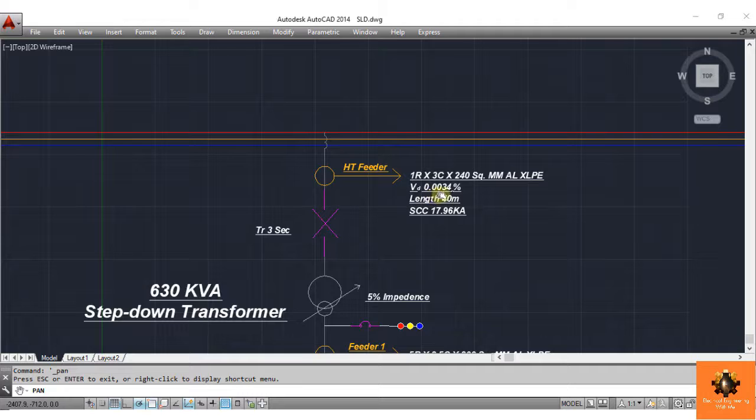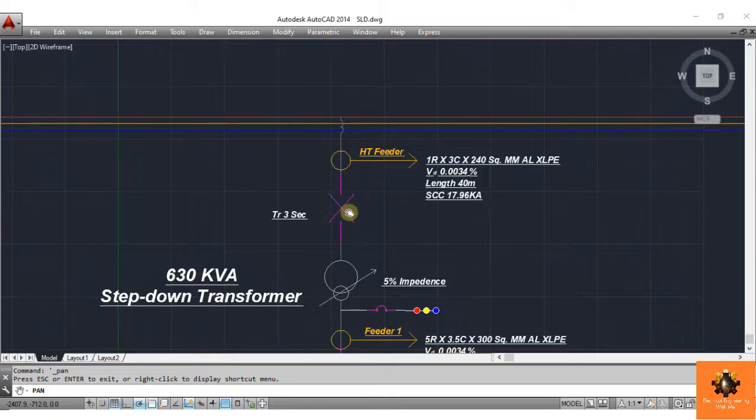VD is the voltage drop for this cable from this point to this point, and this voltage drop is calculated as 0.0034% for the cable length of 40 meter. From this point to this point, this cable is of 40 meter length, and the voltage drop is calculated as 0.0034%. Okay. Again we have the circuit breaker, and this circuit breaker is a high voltage circuit breaker.